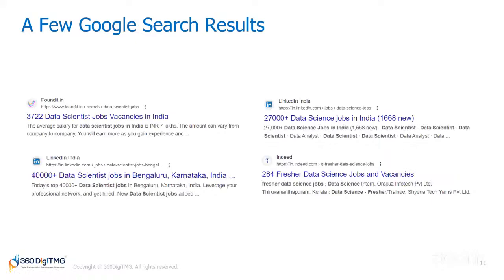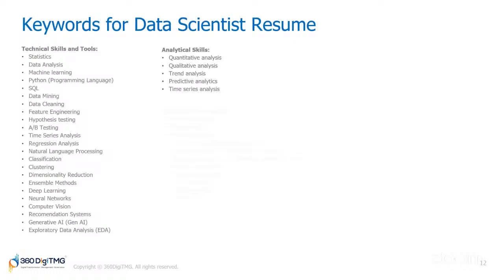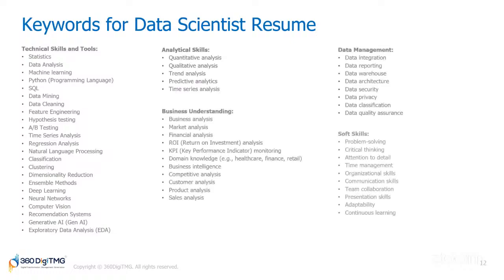Then here are a few Google search results. For example, people search like data science jobs in India, then freshers data science jobs and vacancies. People search like this, and you can also do so. Talking about keywords for a data science resume, these are a few keywords, for example, for technical skills and tools, analytical skills, business understanding, and soft skills.